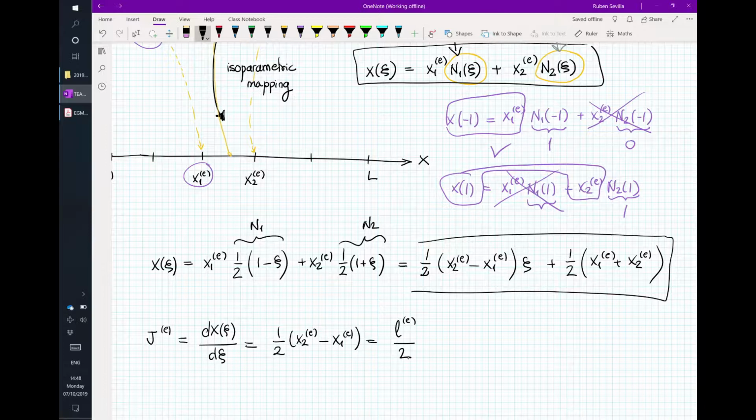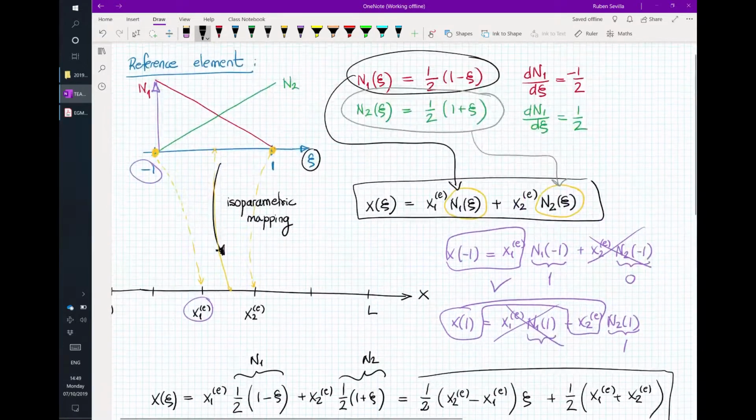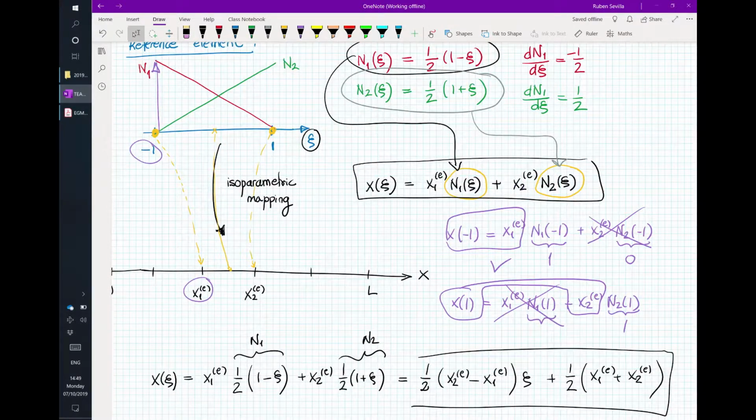Now I think that you engineers should be the ones really coping well with this concept, because you can think on this change of variables in a mathematical way or in an engineering way. And an engineering way is a deformation. You got your ideal element. You can think of this ideal element as your initial configuration, right?